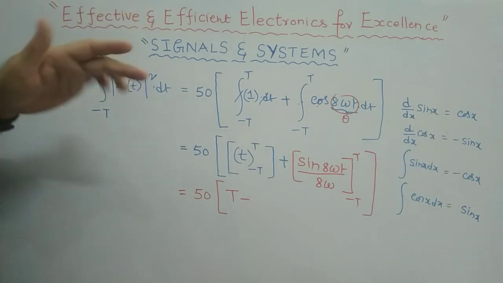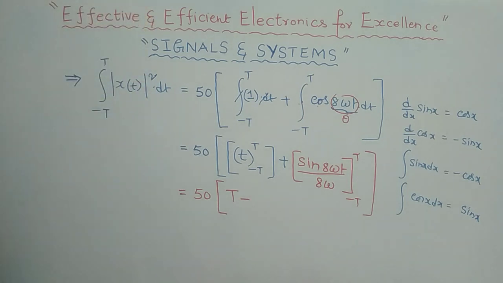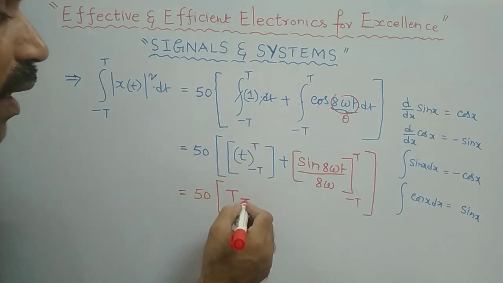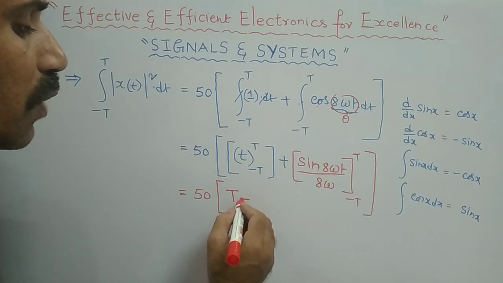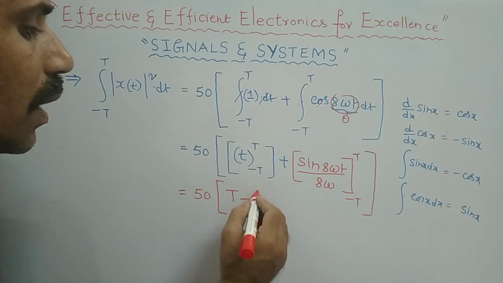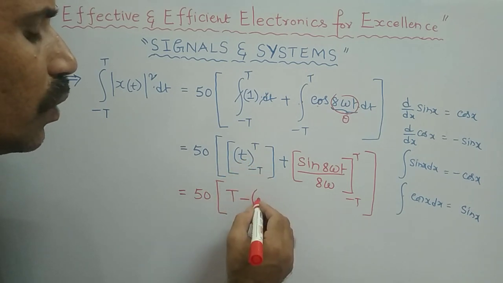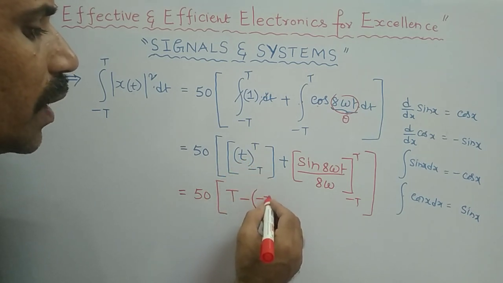Upper limit minus lower limit. That is how we have to apply the limits. So as per the formula, minus should come, and then again in place of t you write minus t.